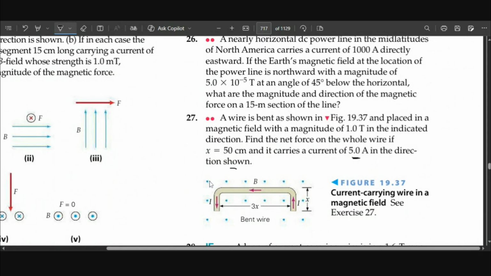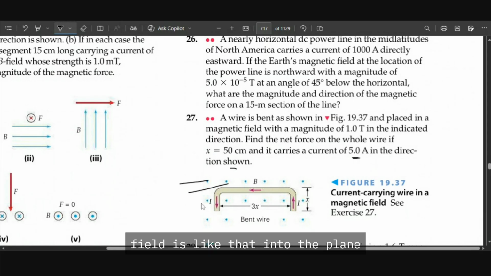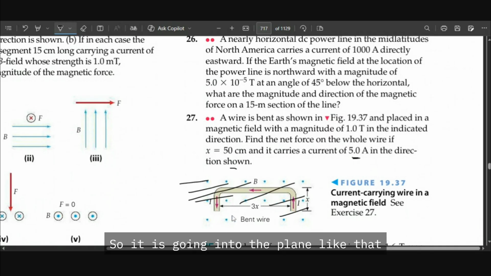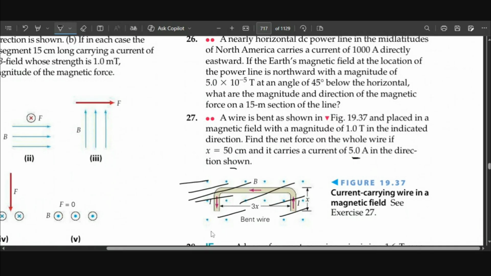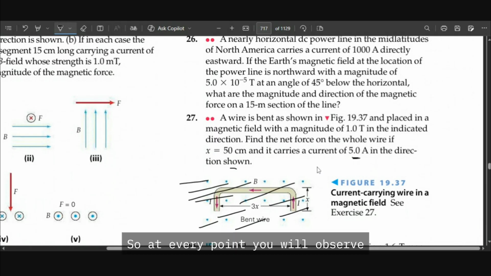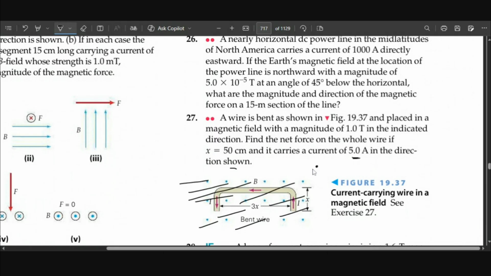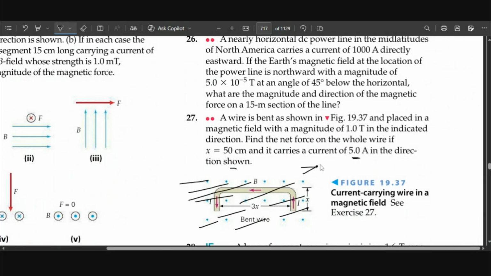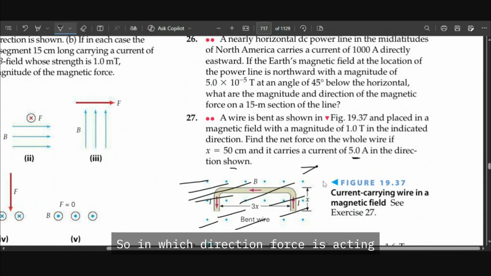So field is like that into the plane. So it is going into the plane like that. Current is going this way. So at every point you will observe that field and current, they both are perpendicular to each other. So in which direction is force acting?